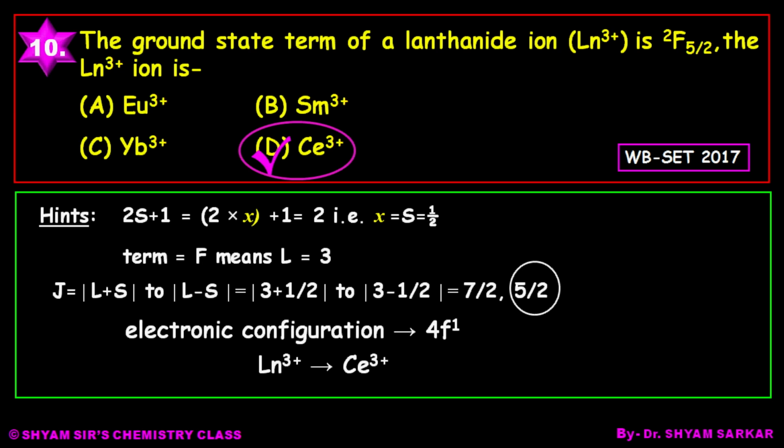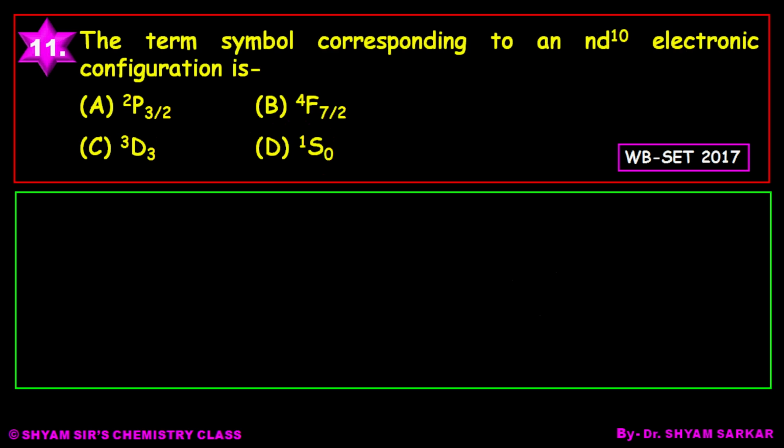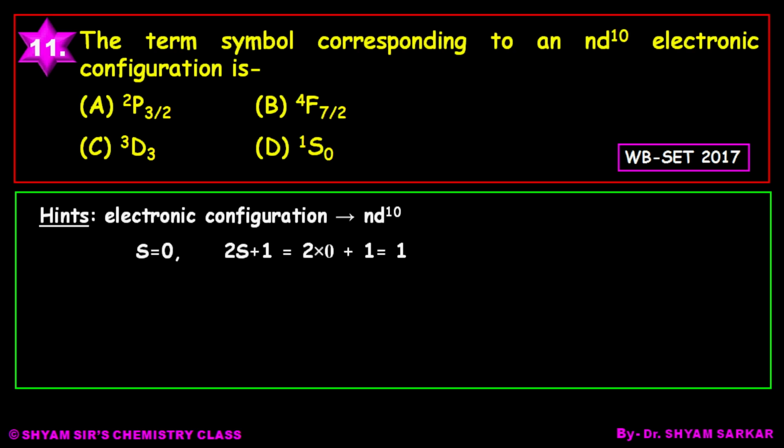The term symbol corresponding to an nd10 electronic configuration is... See, nd10, this is very simple. nd10 means all electrons are paired up. So S equals 0 here and 2S plus 1 equals 1. So when spin multiplicity is 1, you can cross out all three options A, B, C. So D is the correct answer.